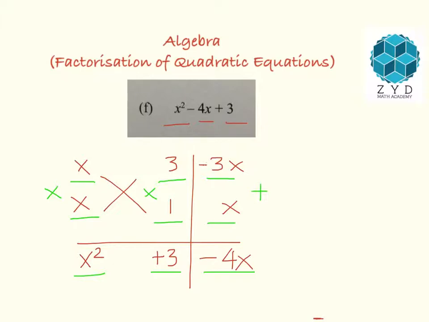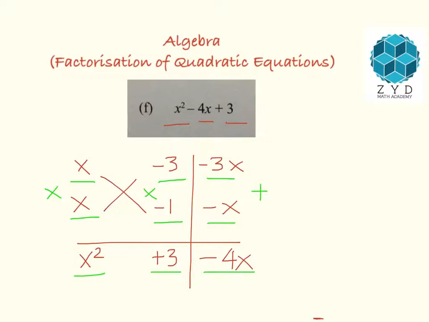So this has to be minus 3x, and this has to be minus x. Minus 3x plus minus x is minus 4x. So this is correct. Now, since this is negative 3x, this 3 has to be negative. Since this is negative x, this has to be negative 1.